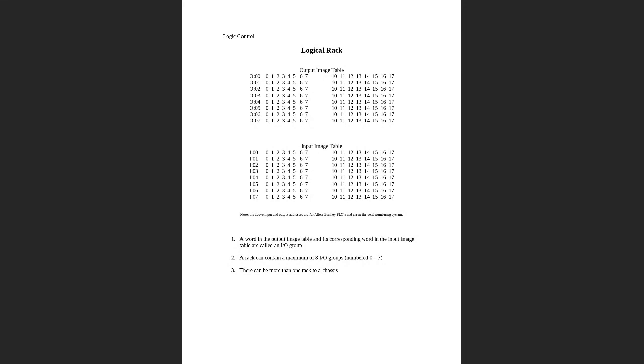So if I pick this one right here, the address is the output module, and it's output module 01. Well, you can pair that down here with the input module, and that's that same number 01. So they call that an I/O pair. Now that's not really that important, but you might see that term, and if you see that term, that's what they're referring to. So I'm going to go back to the PowerPoint.